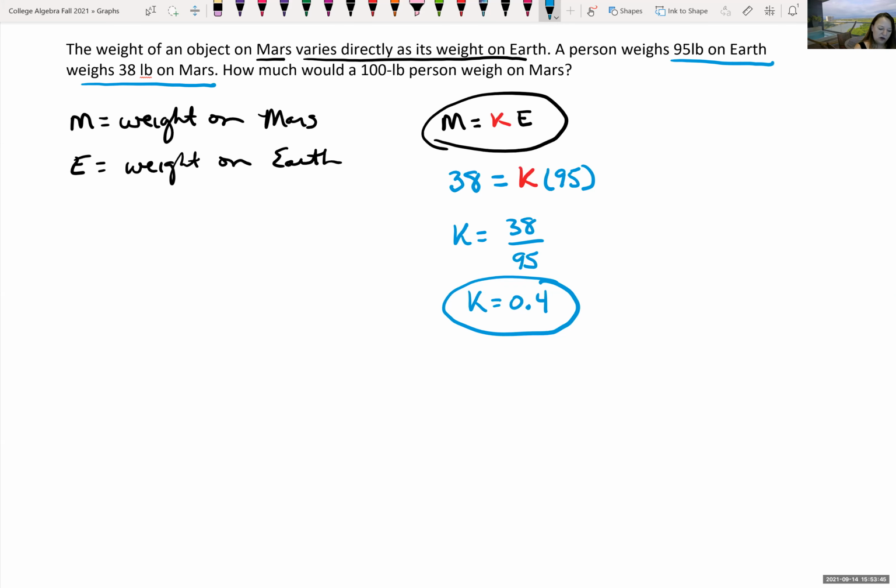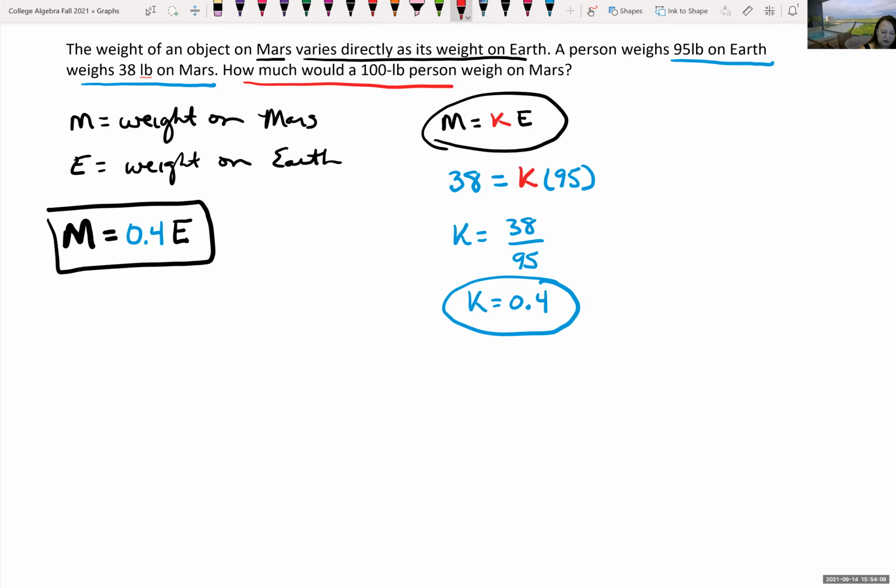So we now know the weight of a person or an object on Mars is equal to 0.4 times the weight of the object on Earth, E. So now we can answer the question. How much would a 100-pound person weigh on Mars?